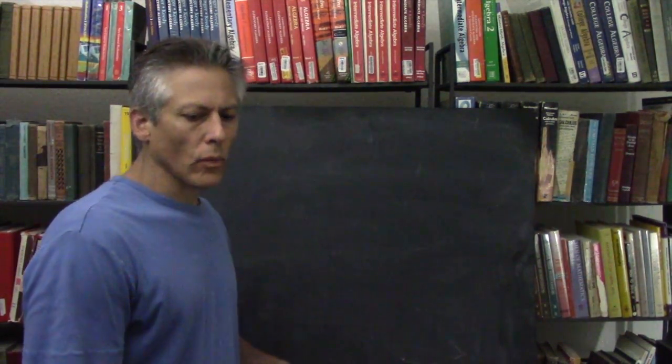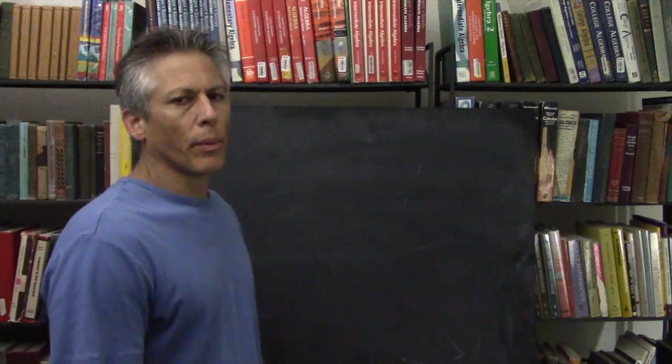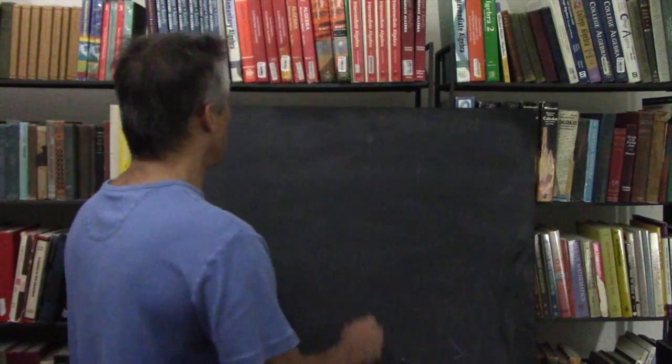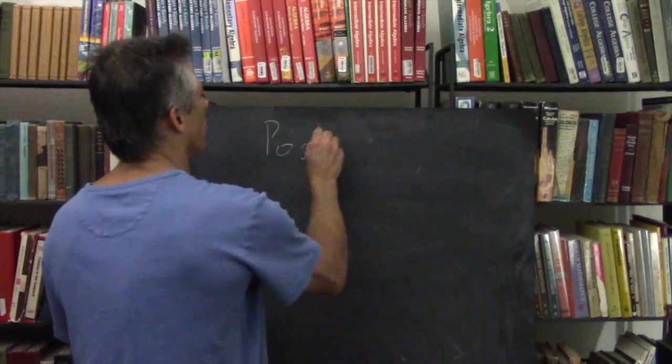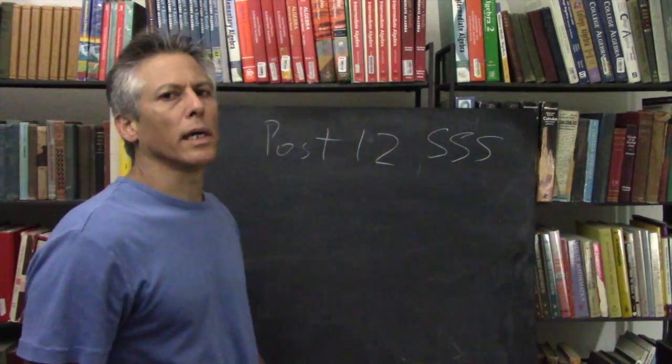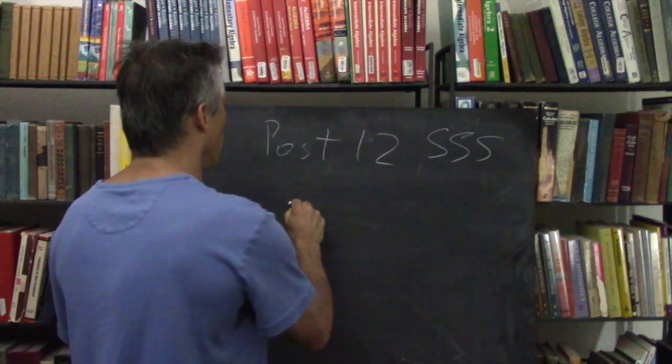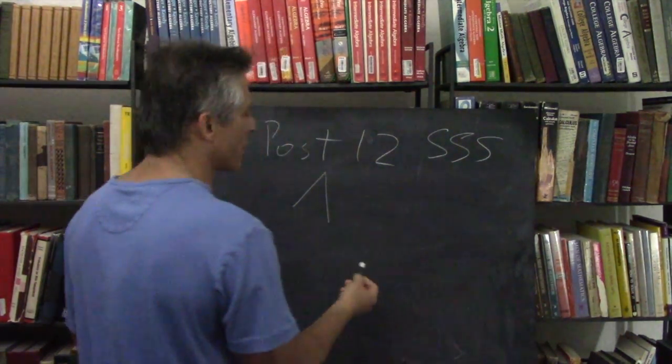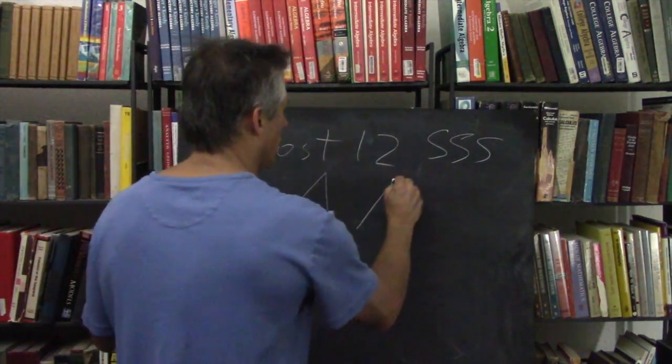Now, in 4.2, we're learning different ways to prove triangles are congruent. And they're saying that these things are postulates, but you can actually prove these. Okay, so postulate 12, which we'll prove later, is the side-side-side postulate.